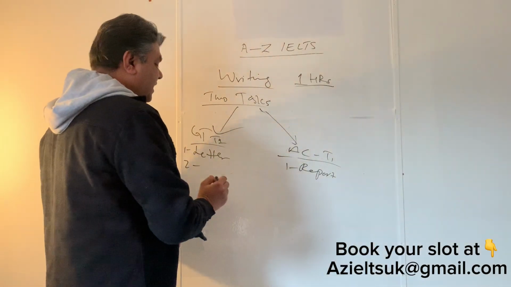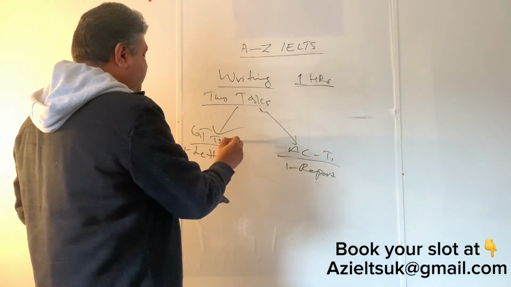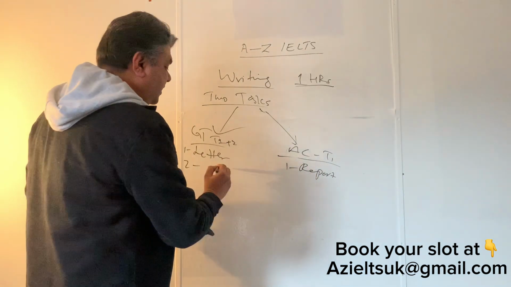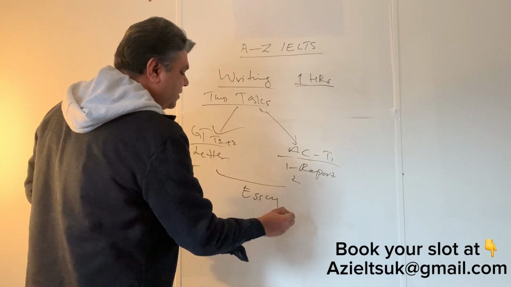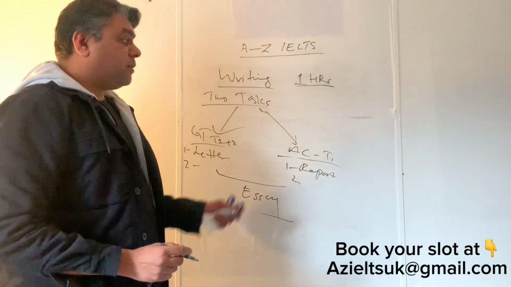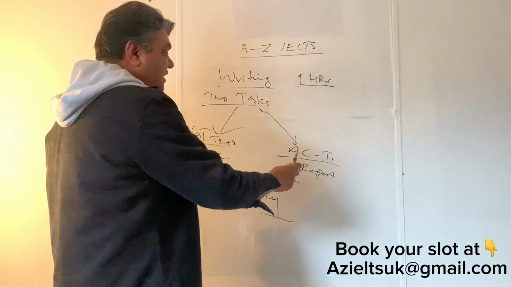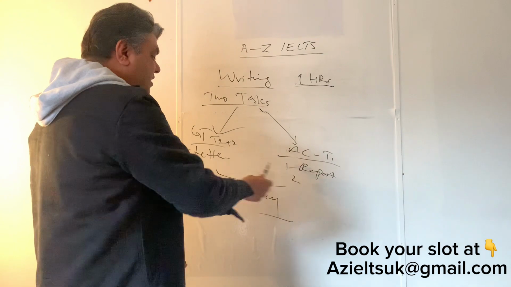And the second task is similar in both, and that is essay writing. That's why I said there is not much difference between the general training and academic writing tests. The difference is only in task 1.